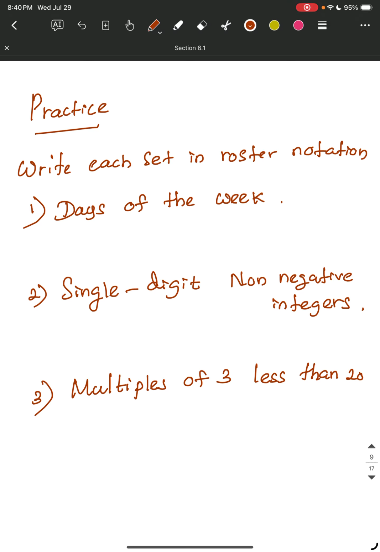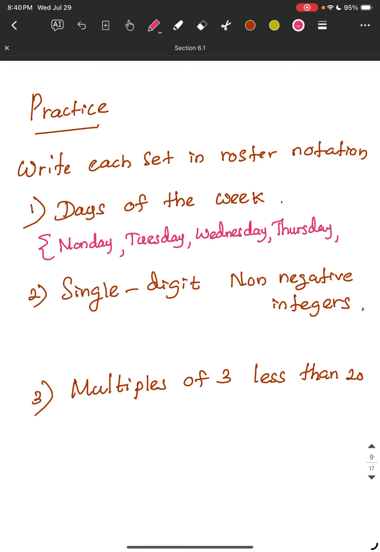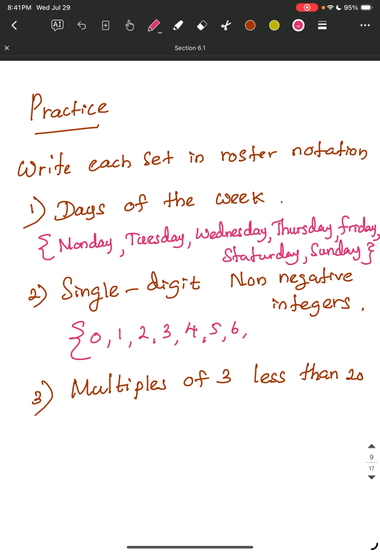Days of the week: Monday, Tuesday, Wednesday, Thursday, Friday, Saturday, Sunday. Roster notation within braces. Single digit non-negative integers: 0, 1, 2, 3, 4, 5, 6, 7, 8, 9.